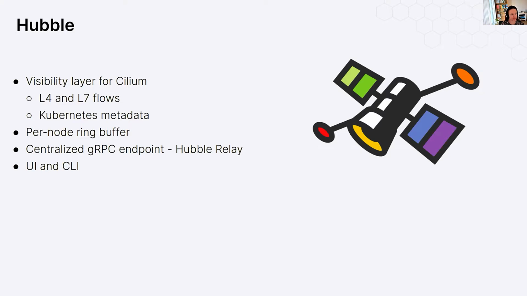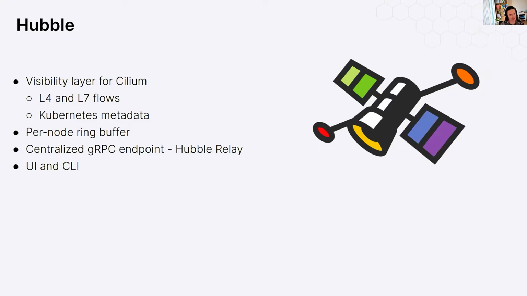We have a centralized component we call Hubble Relay that exposes a gRPC endpoint, and that allows users to query data from these ring buffers on each node. Normally, users would interact with Hubble via either UI or CLI. We'll see both in a moment in a demo.